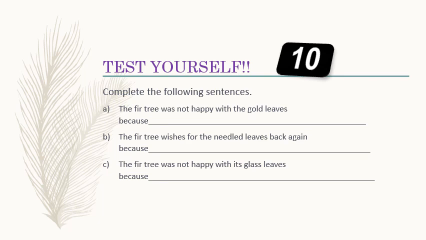A. The fir tree was not happy with the gold leaves because. B. The fir tree wishes for the needle leaves back again because. C. The fir tree was not happy with its glass leaves because. So your time starts. I hope you are ready. Your time starts now.